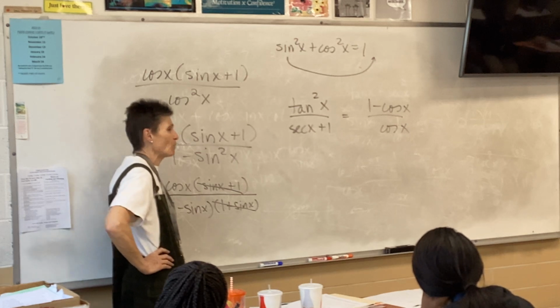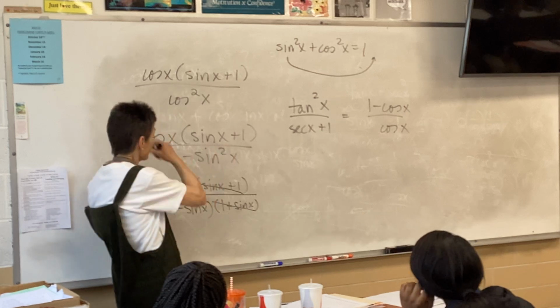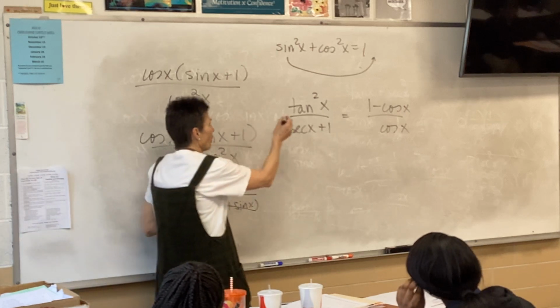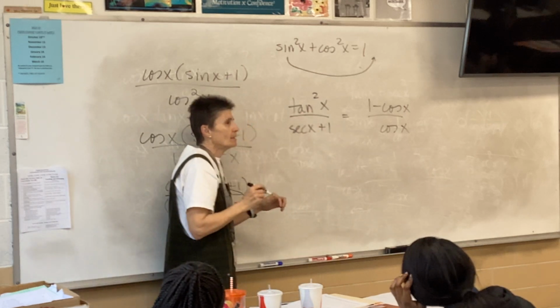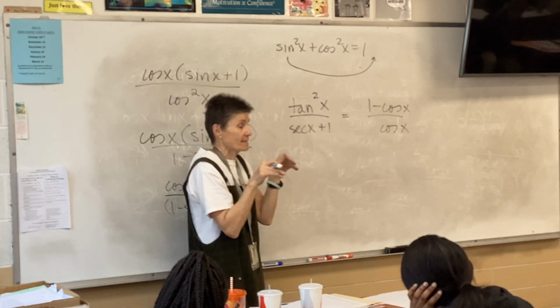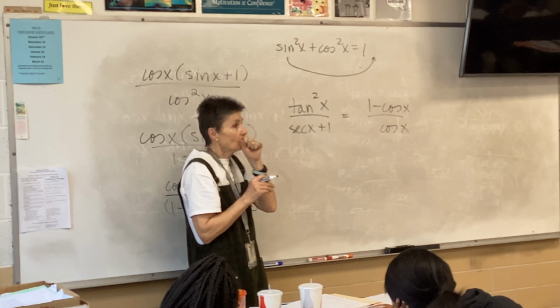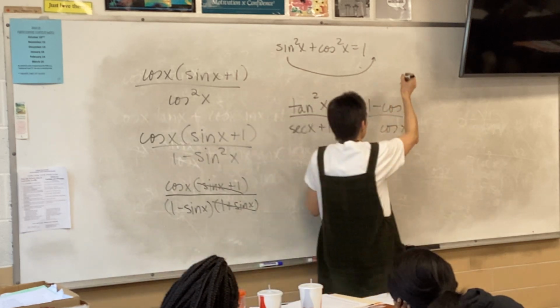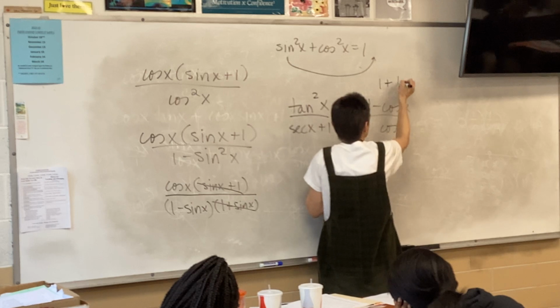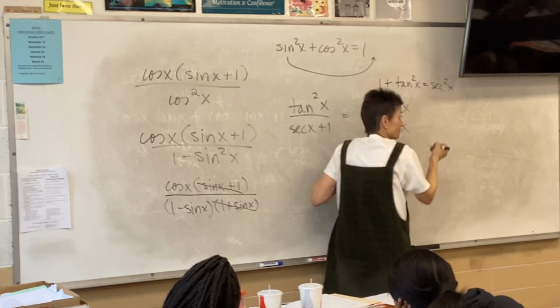We can use that right off the bat if we want, but I also want, along the same lines as over here, what do I know about tangent squared? Look at your paper. Doesn't your paper say 1 plus tangent squared is secant squared?